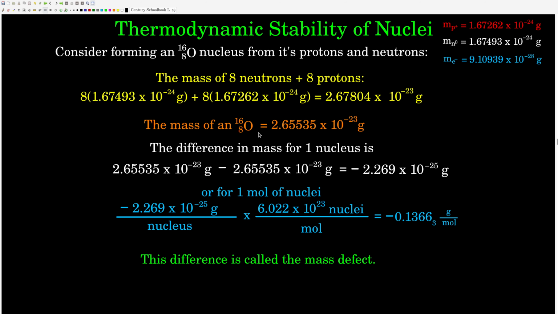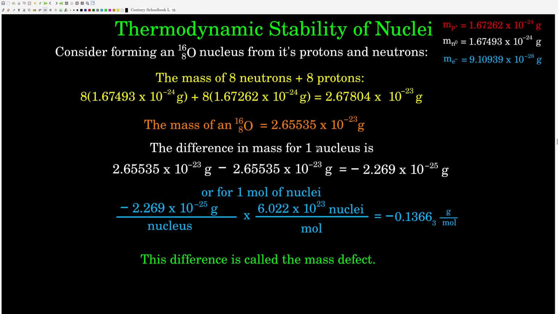Now we know from experiments measuring it that the actual mass of an oxygen-16 nucleus is 2.65535 times 10 to the minus 23 grams. Not exactly the same, and this looks like a small difference, but it's actually really important. We'll see how important it is in a minute.